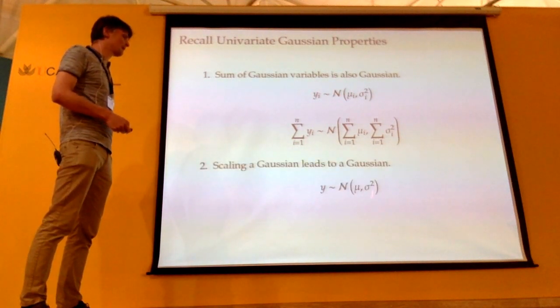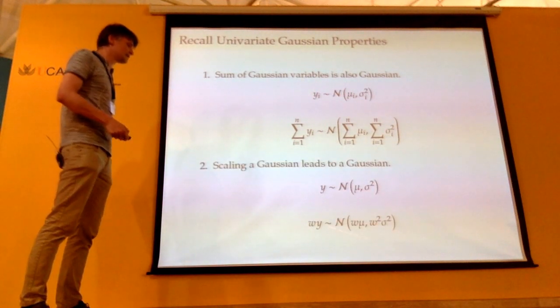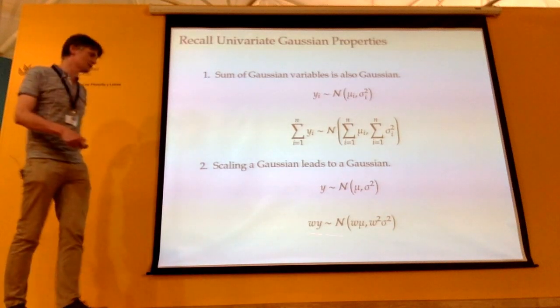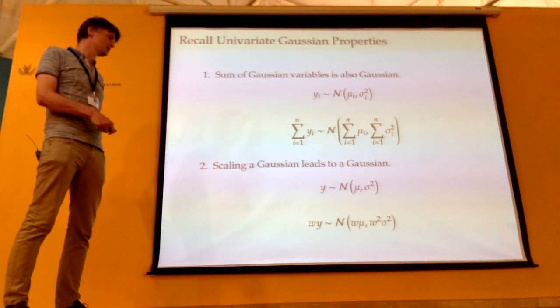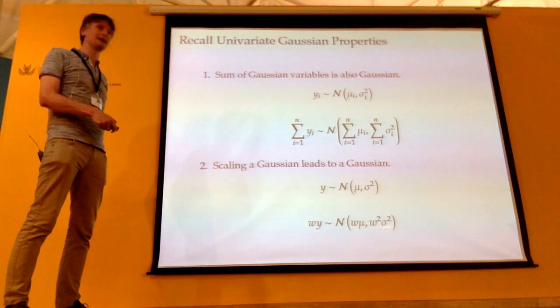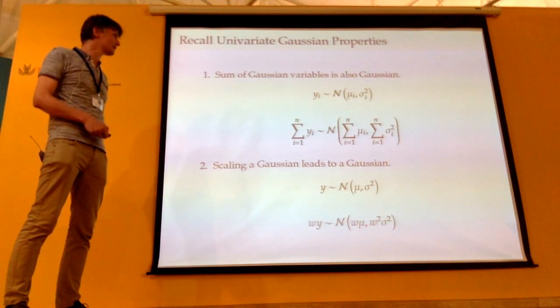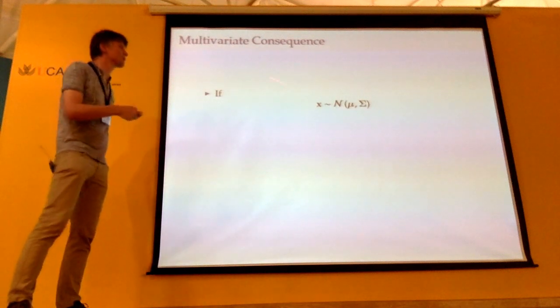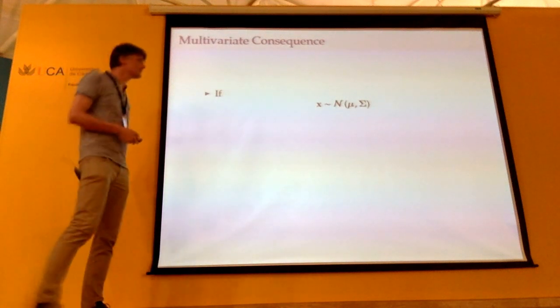And then this other property, which isn't weird at all, is that scaling a Gaussian leads to a Gaussian. If y is Gaussian distributed, then wy just scales the mean and scales the variance. That's not that weird. But this has a consequence in the multivariate case.